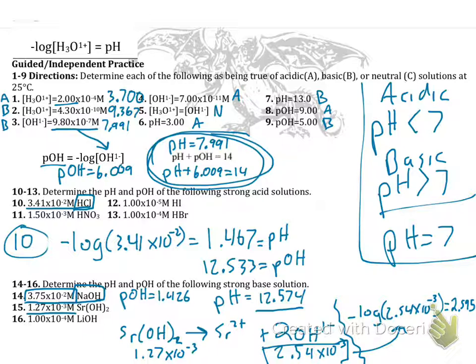We can then take this, which again is the pOH, and subtract that from 14 to give us the pH, which is 11.4065.